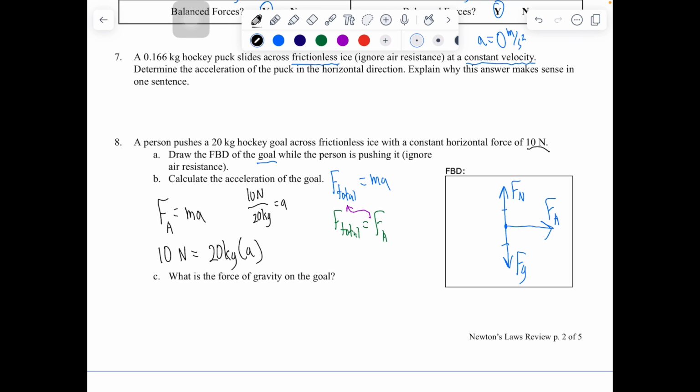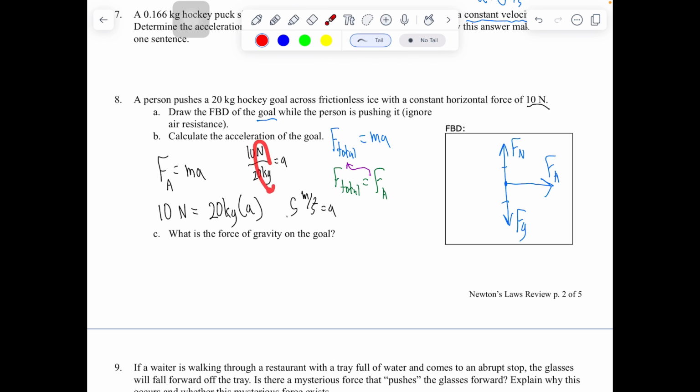This would just simply be 1/2, or 0.5. 0.5 meters per second squared is our acceleration. Now, technically, you could keep the units as newtons over kilograms. Those are valid units for acceleration, but much more commonly, we just see meters per second squared. So we're just going to use meters per second squared. These are equivalent, newtons per kilogram and meters per second squared. They are the same.